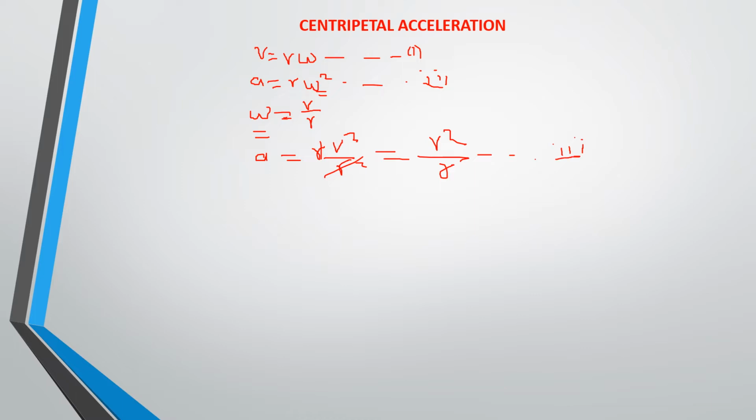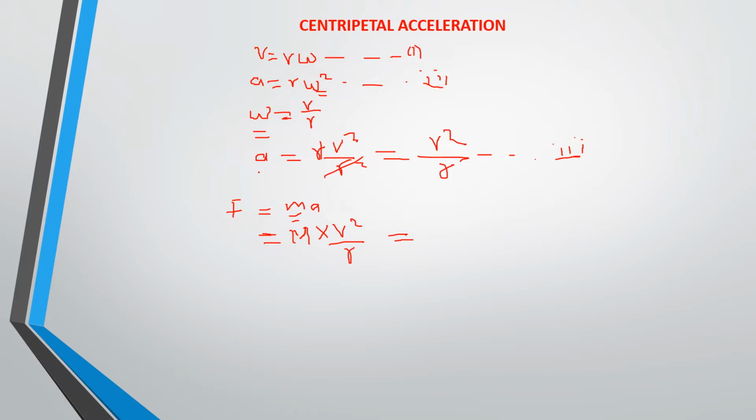Now your centripetal force, you know that force is equals to what? Mass times acceleration. So if the mass of the body is represented by m, then acceleration is represented by v squared over r. Then your centripetal force that is directed inward is given by mass times v squared all over r.